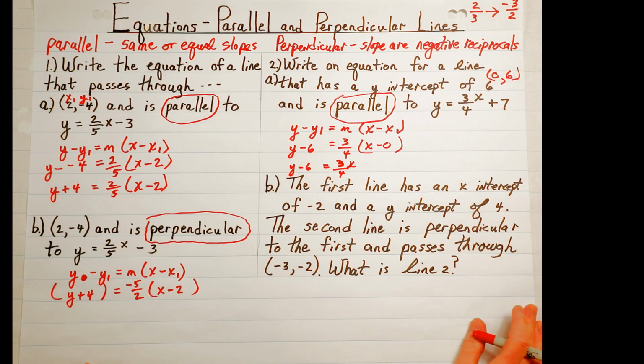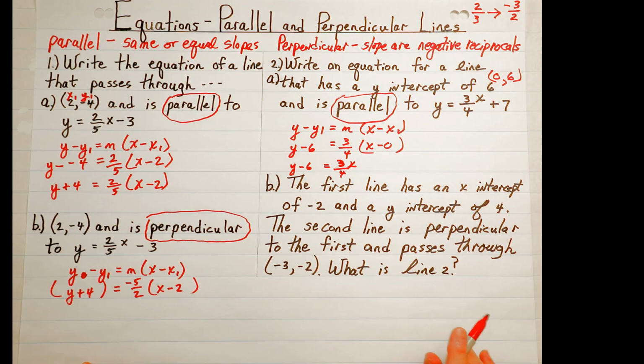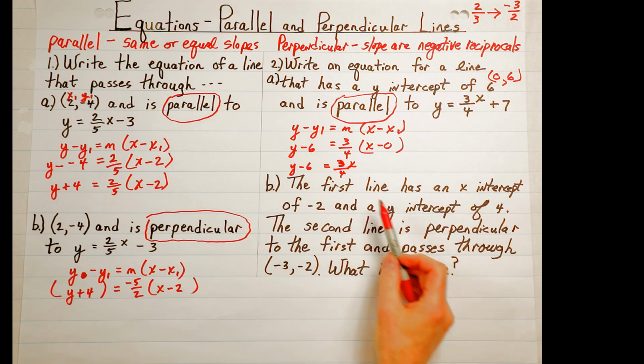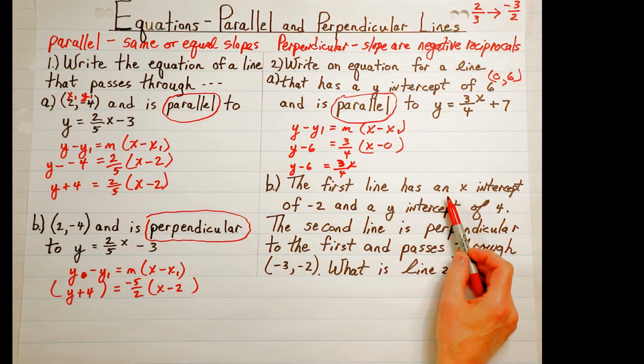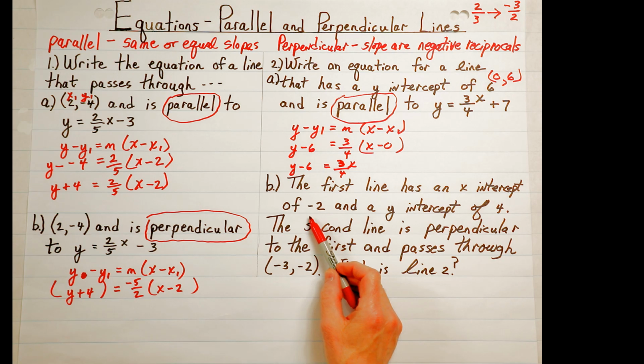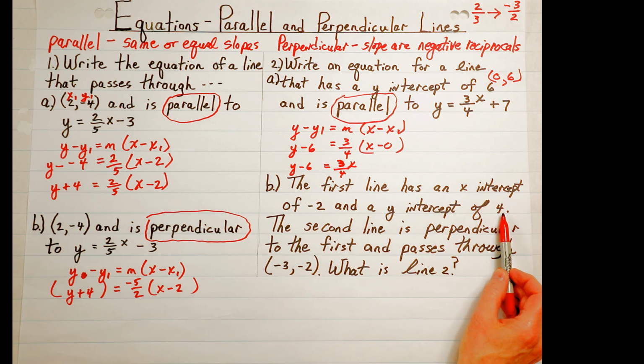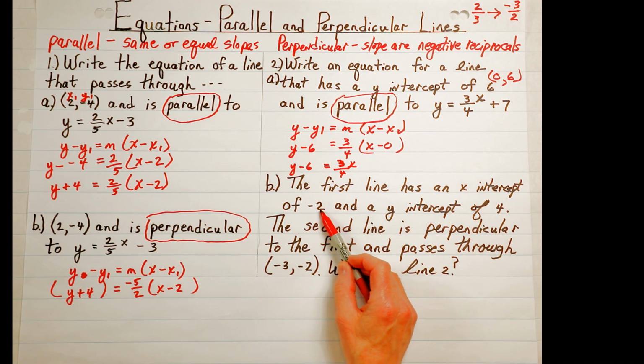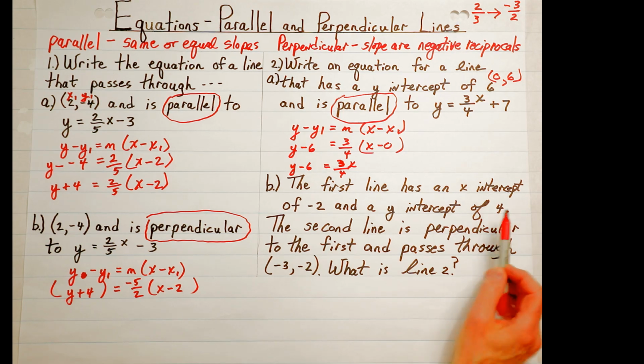Now, 2b. I didn't like the way it was written when I first saw the question, so I rewrote it. Hopefully, it's a little bit better to understand. So we have a first line that has an x-intercept of 2 and a y-intercept of 4. So these are single-digit points.